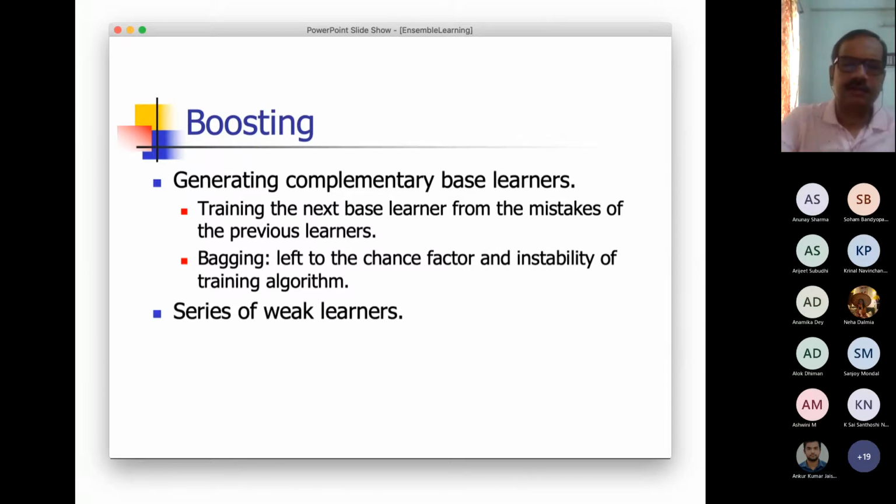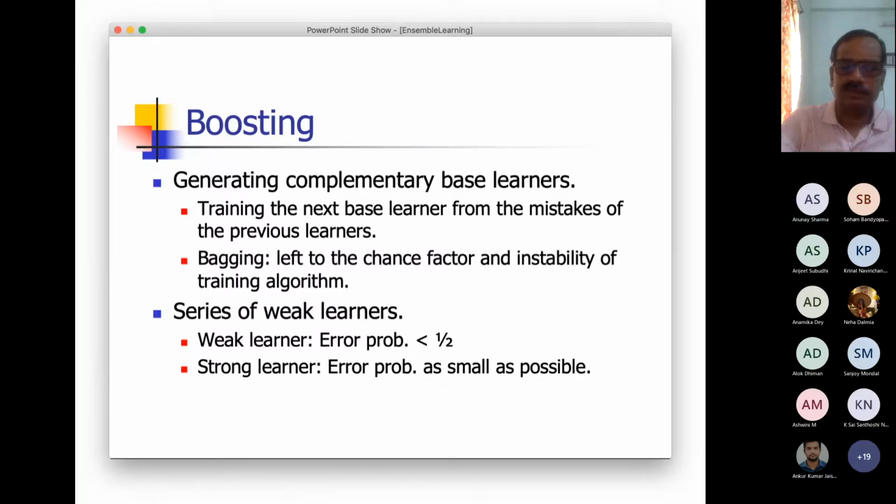But there could be some instability of the training algorithms also. Some of the learners may be very weak. There are inherent limitations of training algorithms that remain across all the learners, because you mostly use the same learning approach in bagging. In boosting, you can have complementary learning, meaning you can have different learners also.